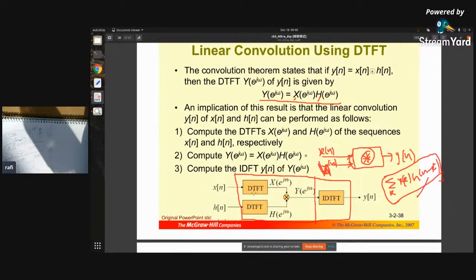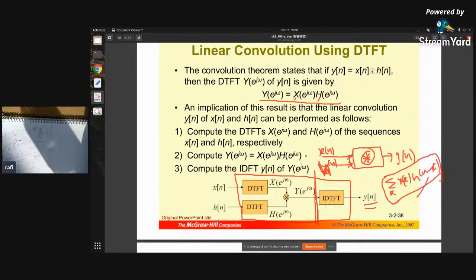This multiplication is the convolution property. If you want it in the time domain, you need to take the inverse discrete time Fourier transform, and you will get y of n.